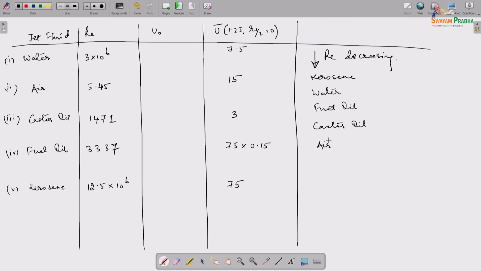Okay, so the Reynolds number is decreasing, right? What's U mean? Kerosene is 75, then water is 7.5, fuel oil is less than this, then castor oil is 3, and air is 15.